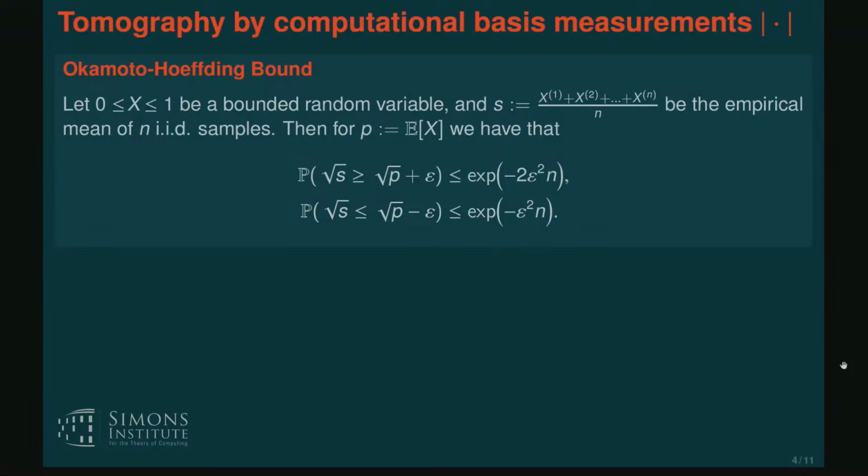So if you take the square root of the empirical mean, that will be close to the actual square root of the true mean, and exponentially close to that, like in Chernoff-Hoeffding. And this is stronger because p is very small. Most amplitudes will be very small in your quantum state, and therefore the probability of seeing a particular coordinate will be very small. And then the square root of p is much bigger than p. So it's a much more precise estimate for small values.